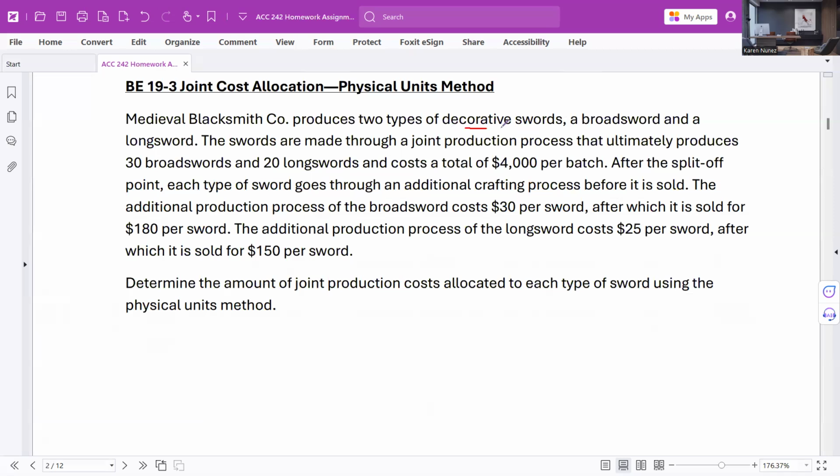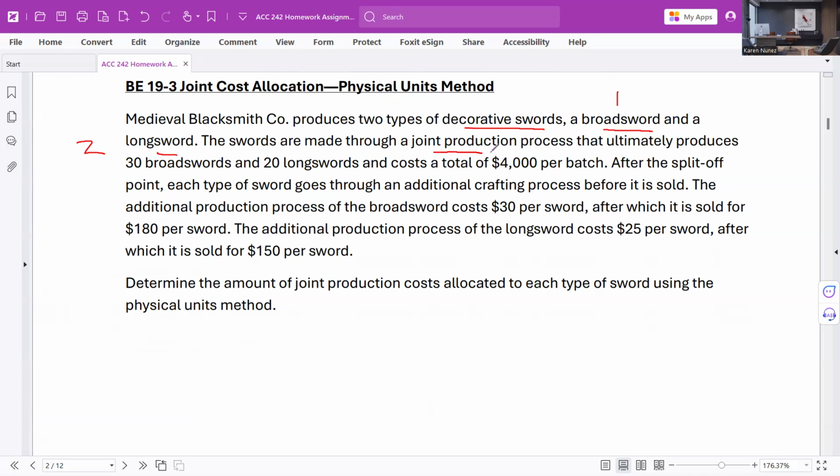So the process yields two types of swords, a broadsword and a long sword. So there are two products. One is the broadsword and two is the long sword. They're both decorative swords, that's how they describe them, but they're two kinds of decorative swords.